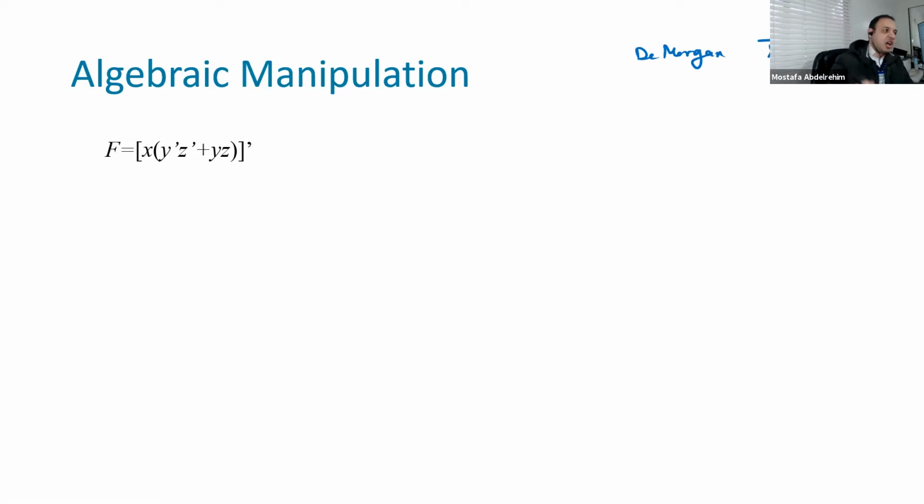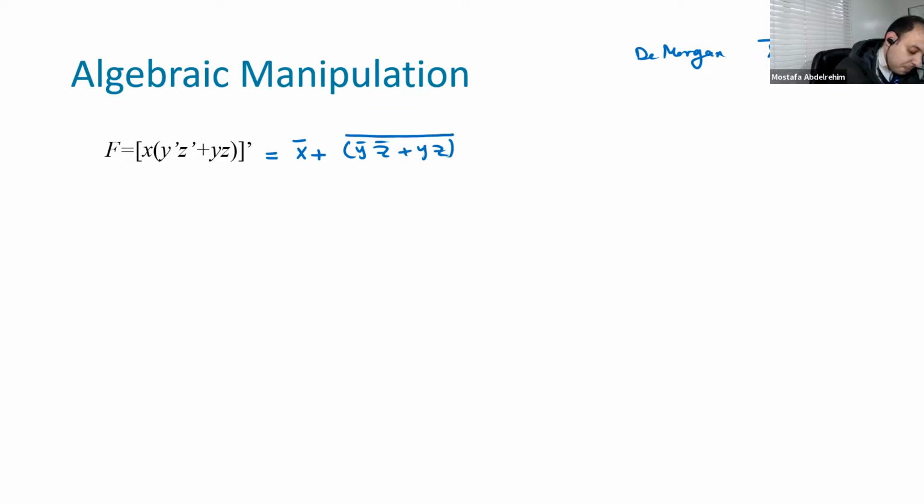Whatever your complement notation is, either prime or bar. So basically this will be equal to x prime or the whole bracket prime, so y bar z bar or yz, and this is totally primed.